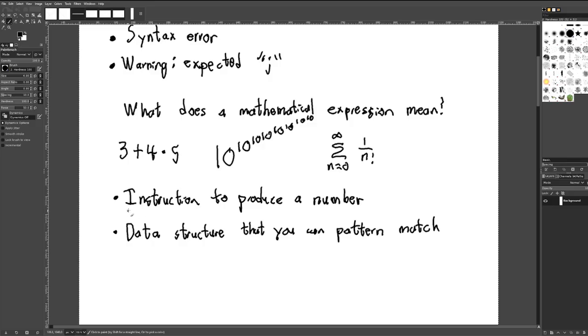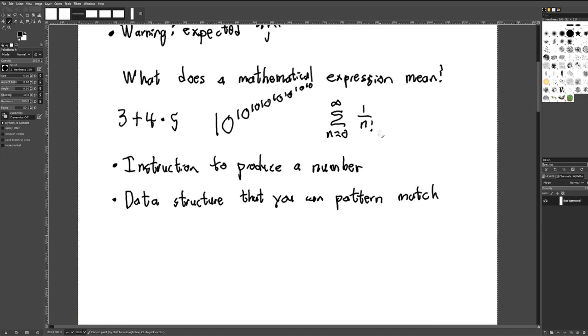But if you think about it as an instruction to produce a number, you'll never finish. It's an infinite, non-repeating decimal. This is e. But you can produce digit after digit. Like we know e equals 2 point, I don't remember, 7 something. Anyway, we can produce digit after digit.